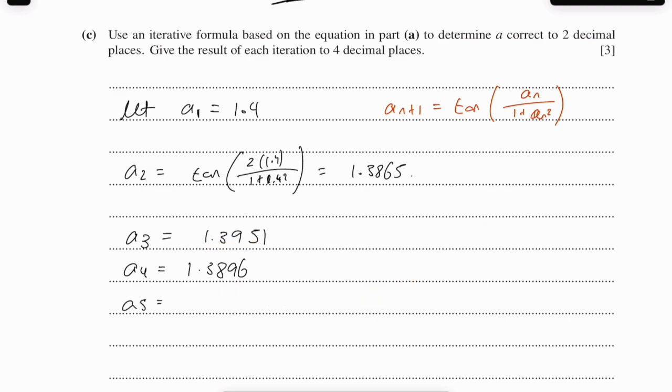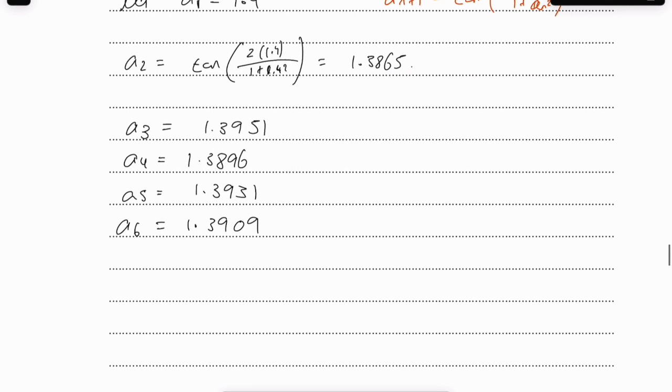So A5, 1.3931, A6 is equal to 1.3909, A7, 1.3923. So therefore I can say a is equal to 1.39 to 2 decimal places.